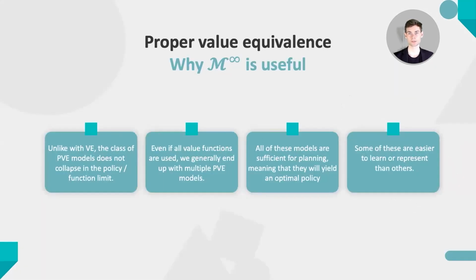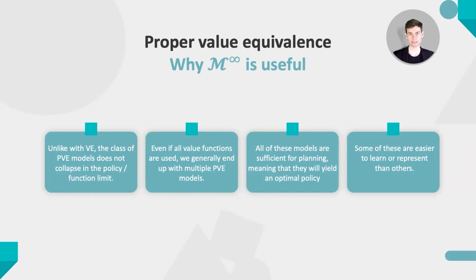So to summarize the results, here are some statements of why this M infinity is actually useful. Unlike value equivalence, the class of proper value equivalence does not collapse in the policy function limit. That is essentially what we described just before. Even if all value functions are used, we generally end up with multiple models. So that is tied to the previous one.